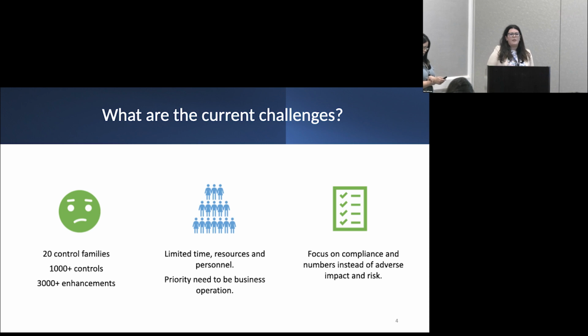So currently, organizations are using a lot of resources to try and meet all those security controls, as opposed to having a more focused assessment that's mitigating those higher risks, right?